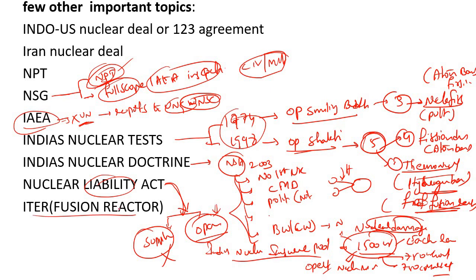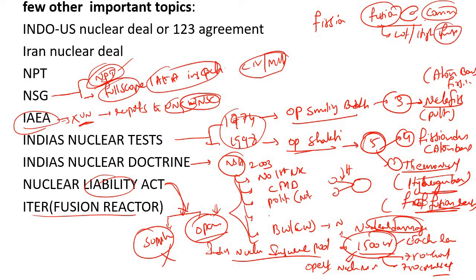Okay, then ITER. Till now, whatever we discussed in India, the 3 stage nuclear reactor, all are based on fission only. But no country in the world is using a fusion reactor at commercial level. Lab purpose and research oriented fusion reactors are there, even in India also. But at commercial level, there was no fusion reactor in the world. But we have seen a lot of very high energy is released in fusion, so they want to utilize this high energy of fusion to produce electricity.